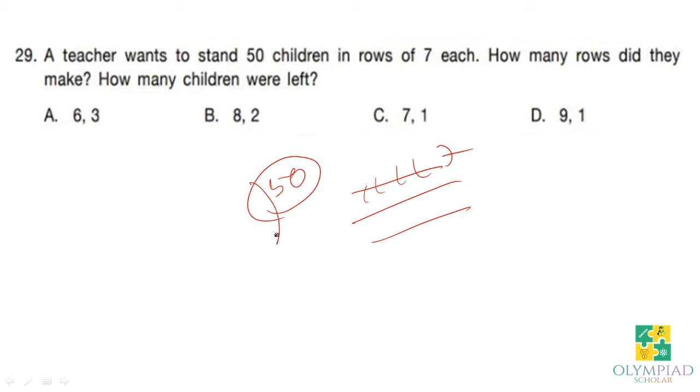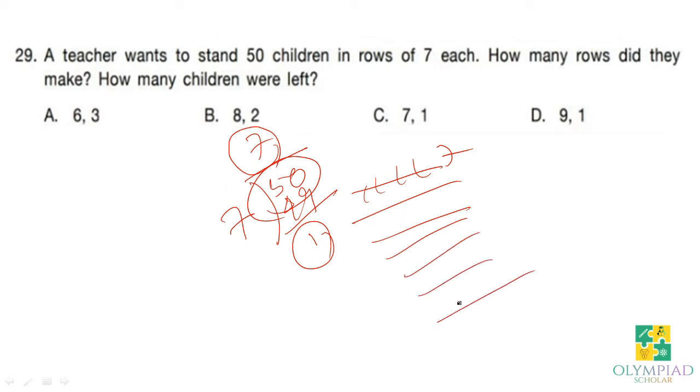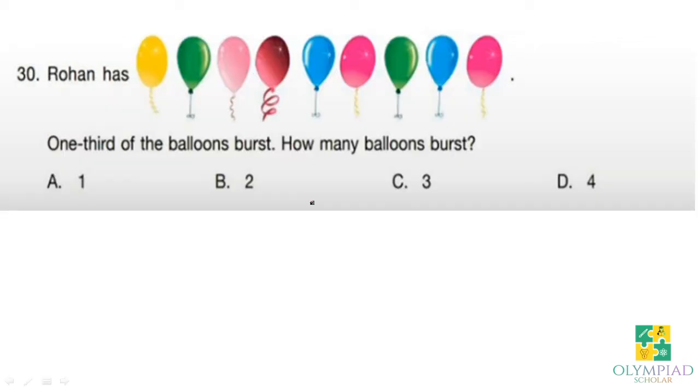So it is a clear case of division. 7 times 7 is 49, so 1 will be left. So your answer is 7. You can make 7 rows of 7 children, and 1 will be left. So 7 is the answer and 1 is the remainder.